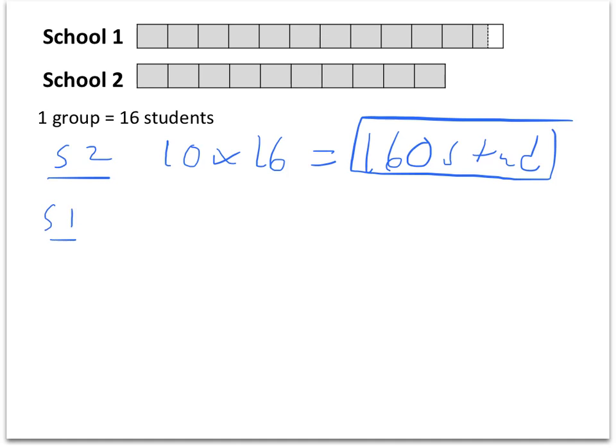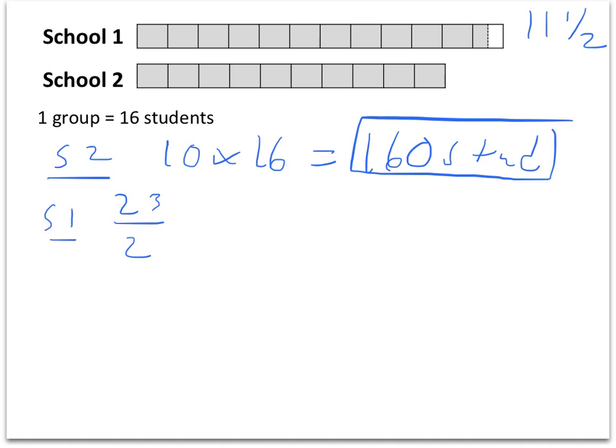Now school 1 contained the 10 groups that were in school 2 plus 1.5 groups. So school 1 has 11.5 groups. And let's convert that over to an improper fraction. 2 times 11 is 22, plus 1 is 23.